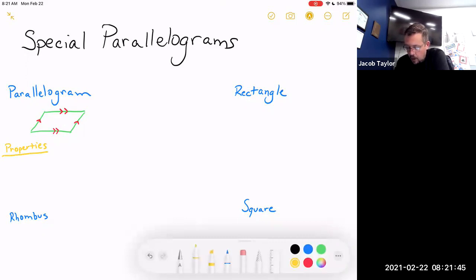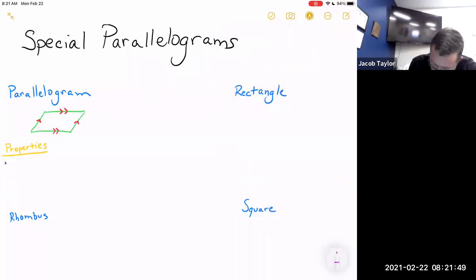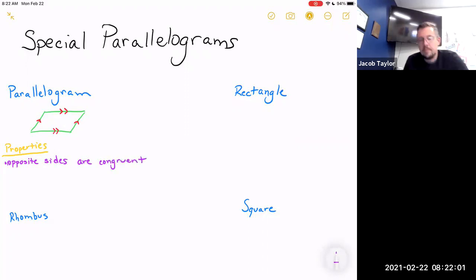Well, not only are the opposite sides parallel, opposite sides are also congruent. So this side is congruent to this side, and this side is congruent to this side.